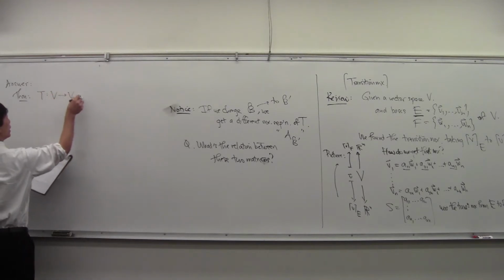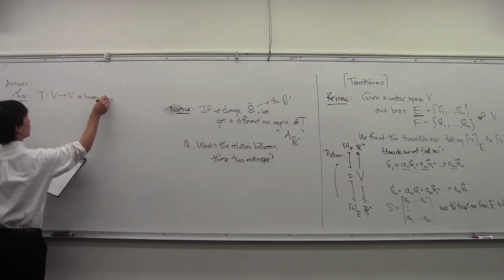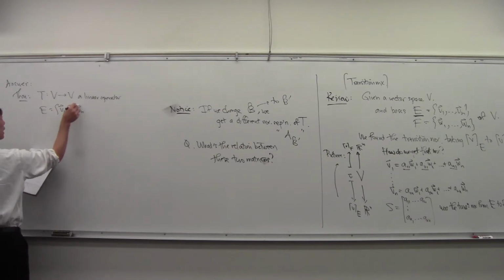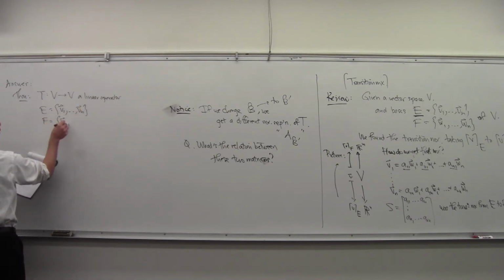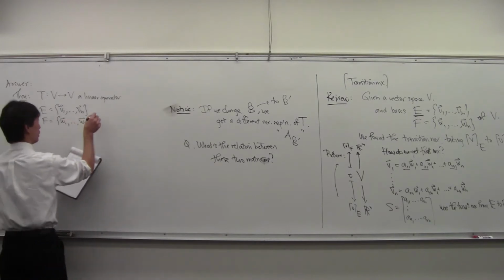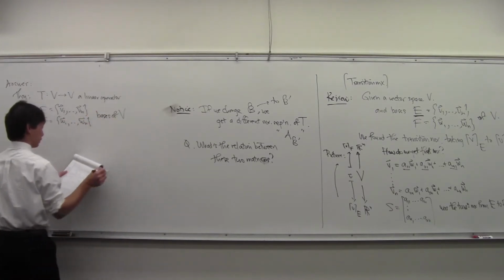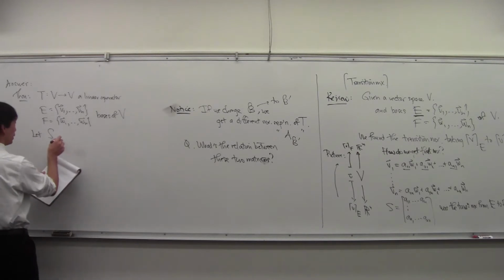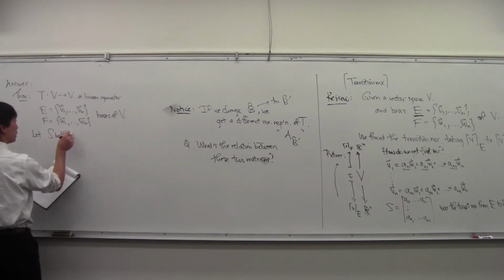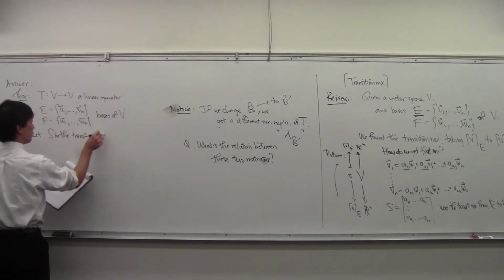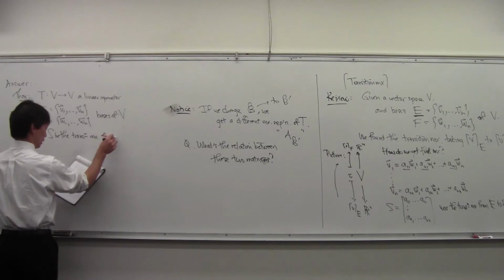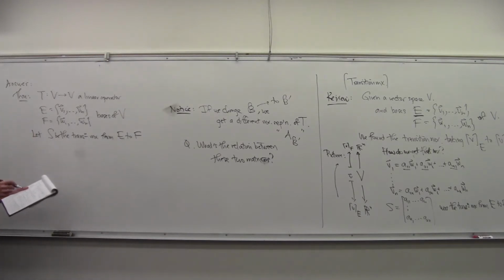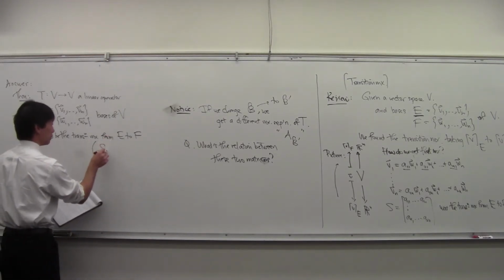Suppose you have a linear operator and you have two bases, v1 through vn, w1 through wn, both bases of V. Let S be the transition matrix from E to F. Maybe it's useful to write it like this.